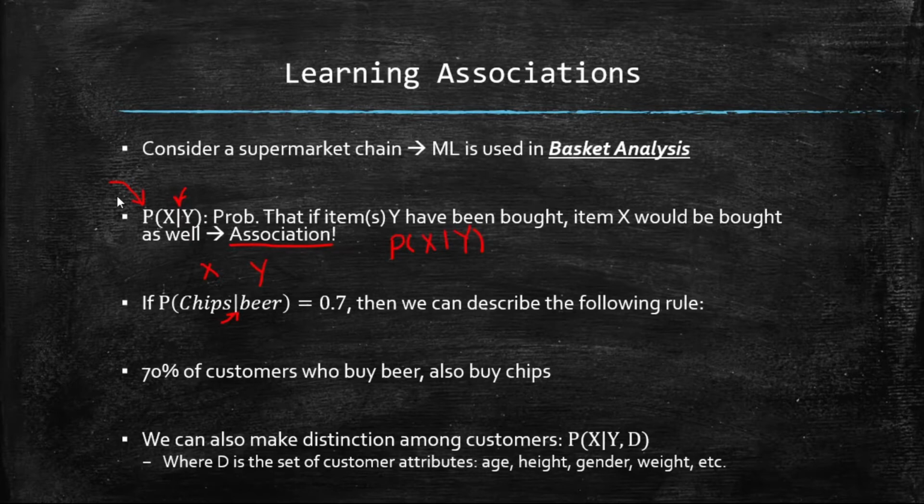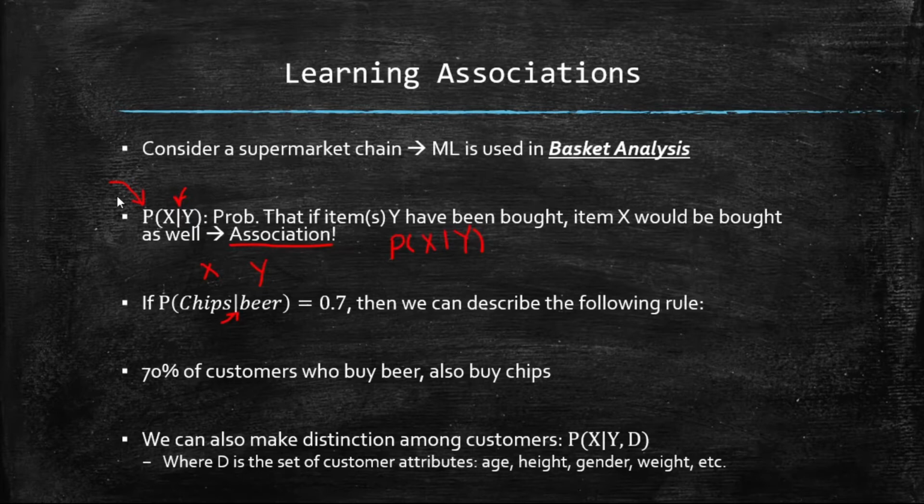And you might ask me now that, okay, how did you come up with that number? And that is how machine learning works. Machine learning would infer knowledge from your data, and it would basically spit out this number as the probability, as the association between chips and beer, right?